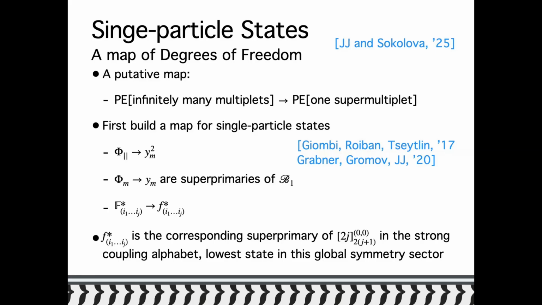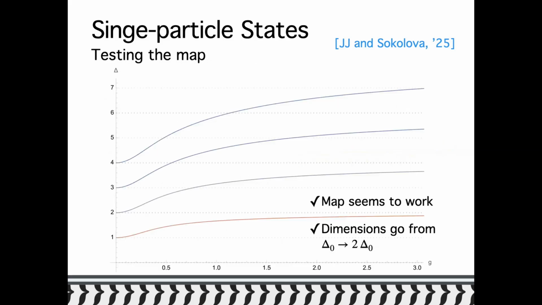So what we proposed with Nika was that for all of the higher single particle states, which are labeled by f star with any number of indices, this state will map to the lowest superprimary in the corresponding global charge sector, which happens to have double the dimension of the state at weak coupling. This is what we proposed, and then we went back, did some quantum spectral curve numerics, and we actually found this to hold.